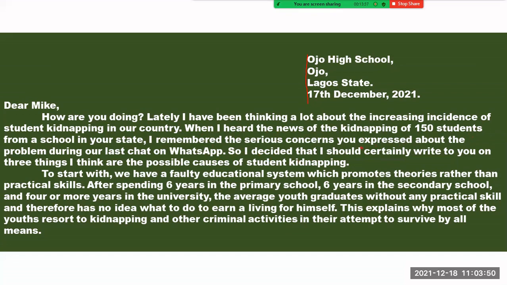So I decided that I should certainly write to you on 3 things I think are the possible causes of student kidnapping. So from here, you can see exactly what your introductory paragraph should look like.